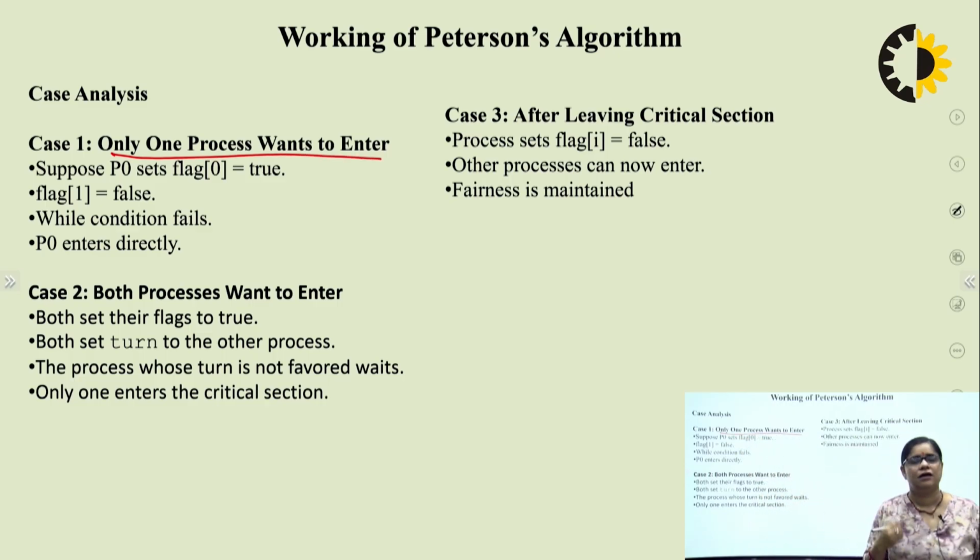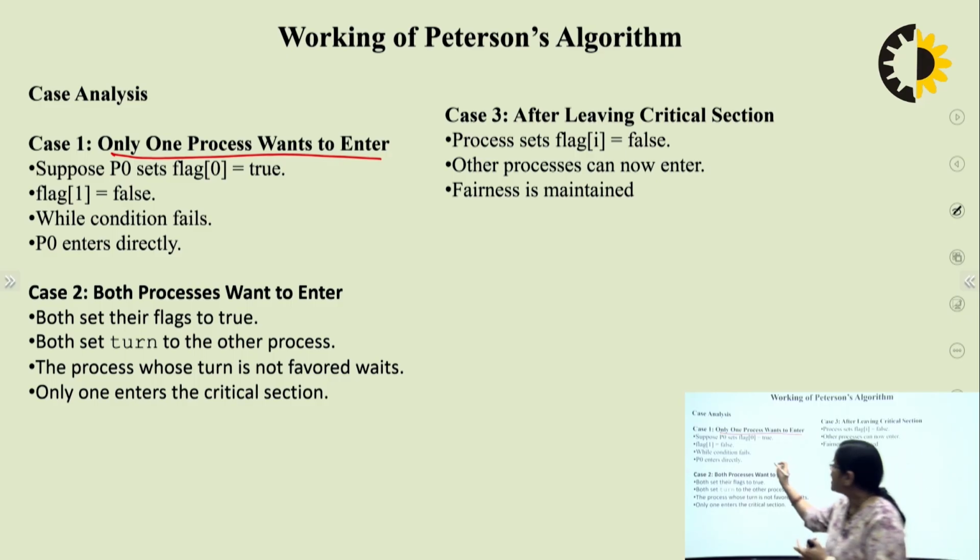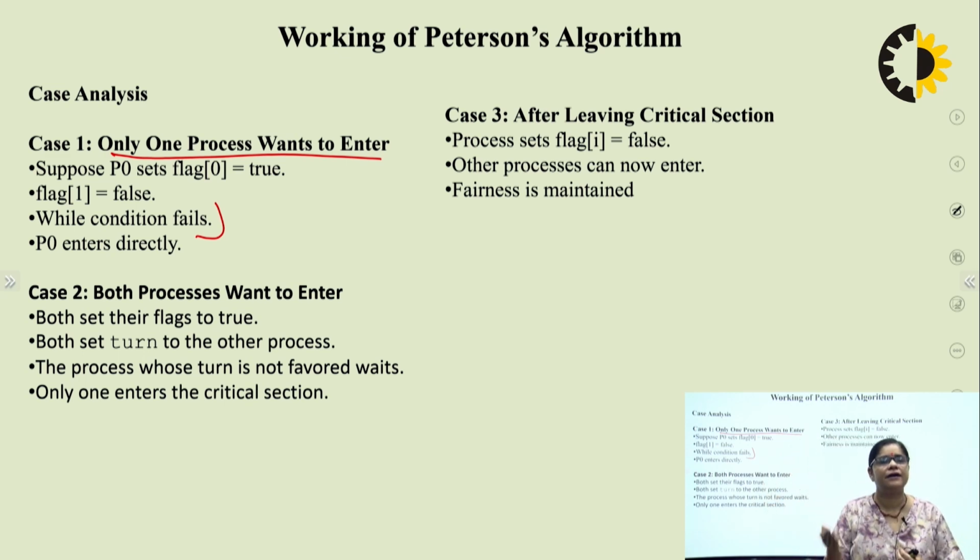Suppose P0 or Pi sets flag 0 equal to true. It means the other flag is false. If one flag is true, the other flag is false, so the while condition will fail and P0 will enter directly. That is the case of mutual exclusion.